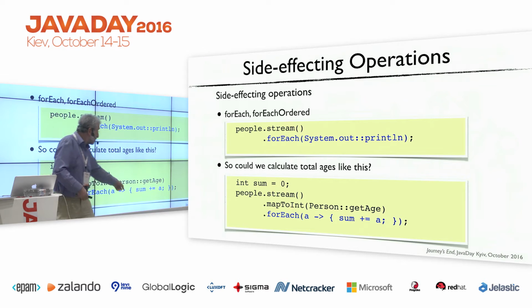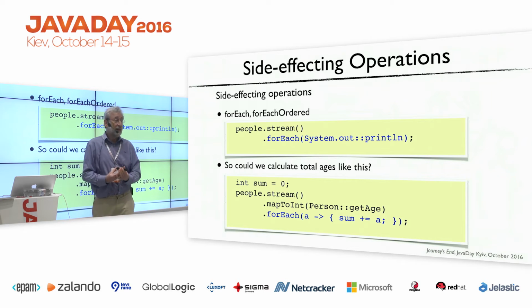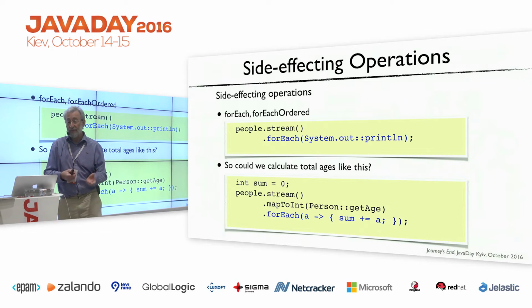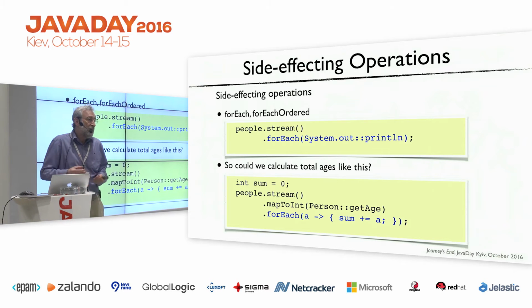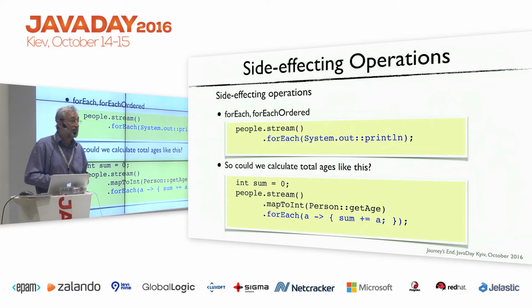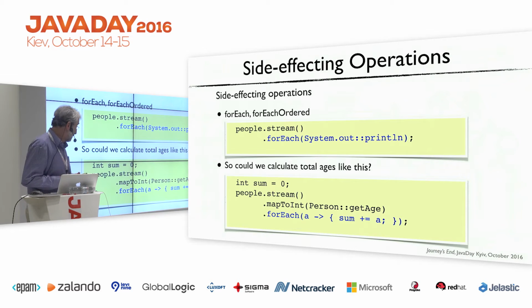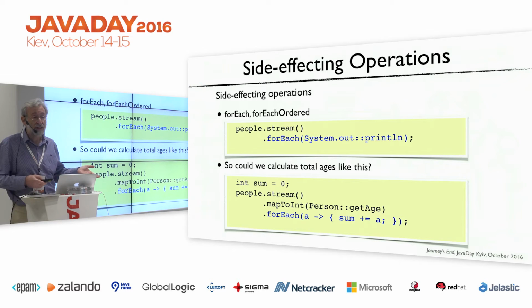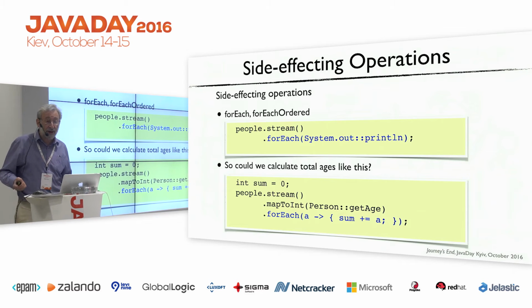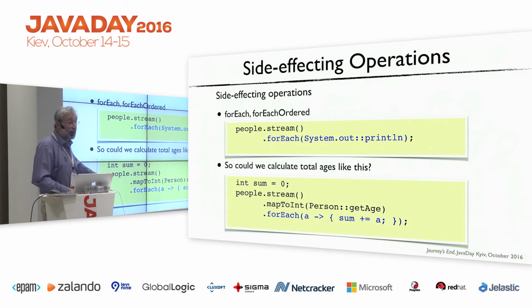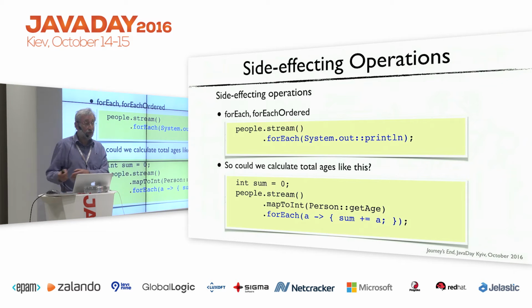Because obviously, as we know, if we don't regulate access to a variable from multiple threads, then an operation like addition, which is non-atomic, will result in data corruption. So that's not safe. There's an alternative there, which of course is that you could apply mutual exclusion and put it into a synchronized section, but then you would lose the advantage of going parallel. So this code is not parallel ready. You couldn't run it in a parallel stream.